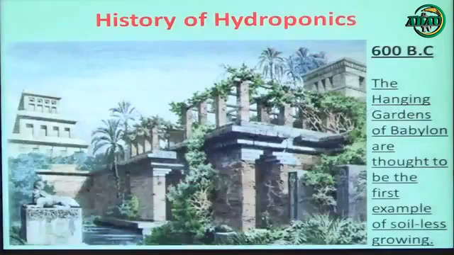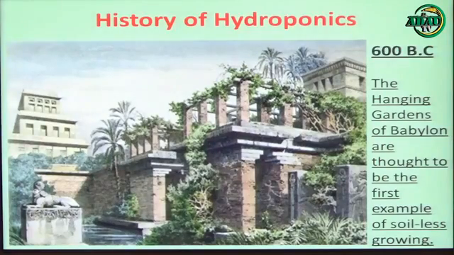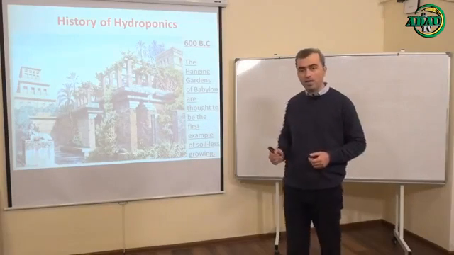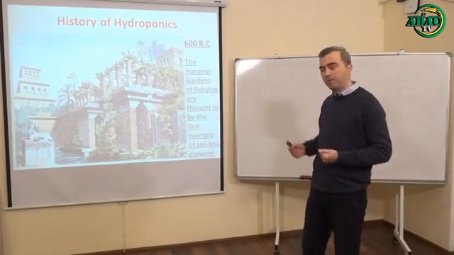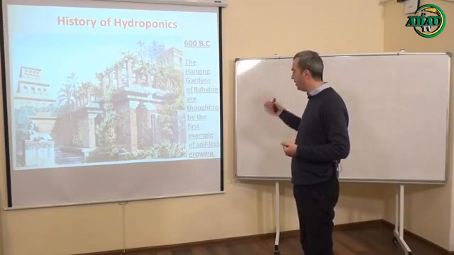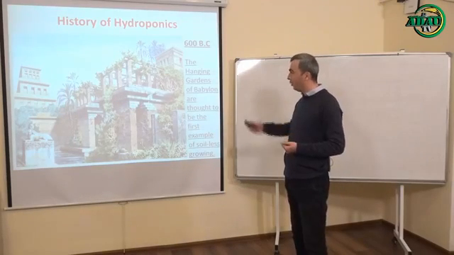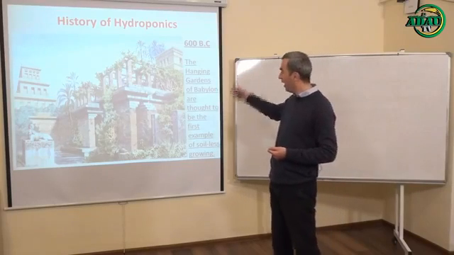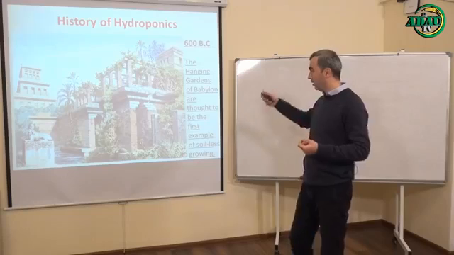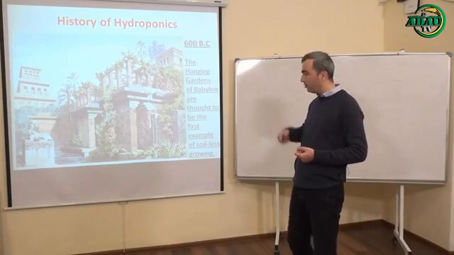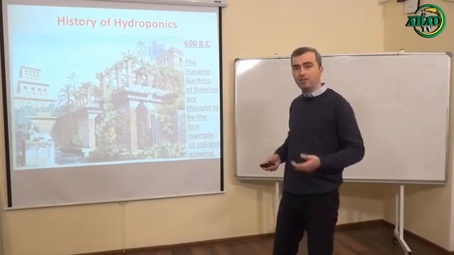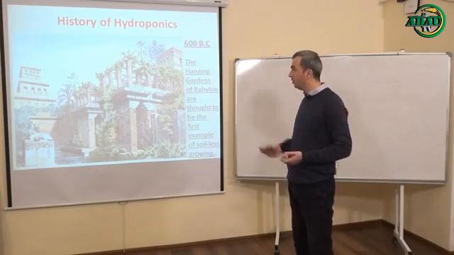Hydroponics has deep roots, and if we look at its history, we can see that even 600 years before our century, the Hanging Gardens of Babylon can be called the first primary example of soil-less growing, where ancient people grew plants hanging on the walls of the construction, and by running water between the roots, the plants grew under the sun in the open air.